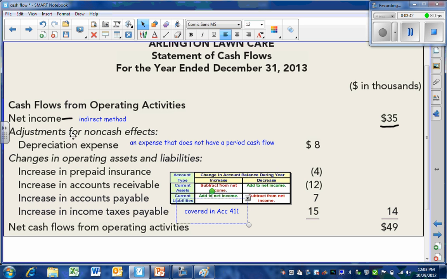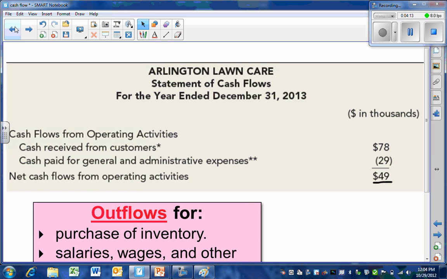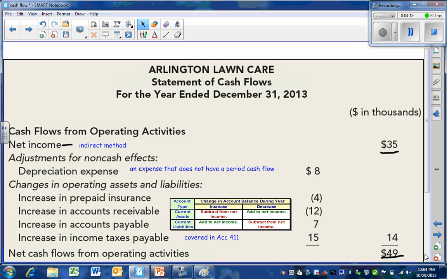We will make adjustments for non-cash effects, and then for changes that occurred in current assets and current liabilities on the balance sheet. So the indirect method will use both the income statement and the balance sheet to derive the net cash flow from operating activities. And again, this has to be the same under both methods for this to be useful, and it always will produce the same amount. So there are visual differences, but the reporting amounts are going to be the same.